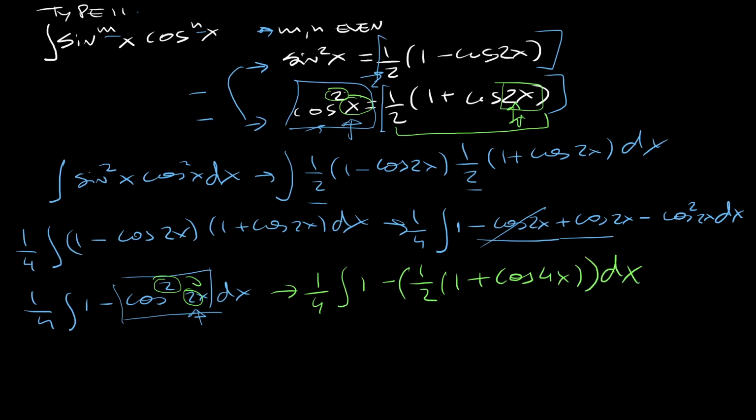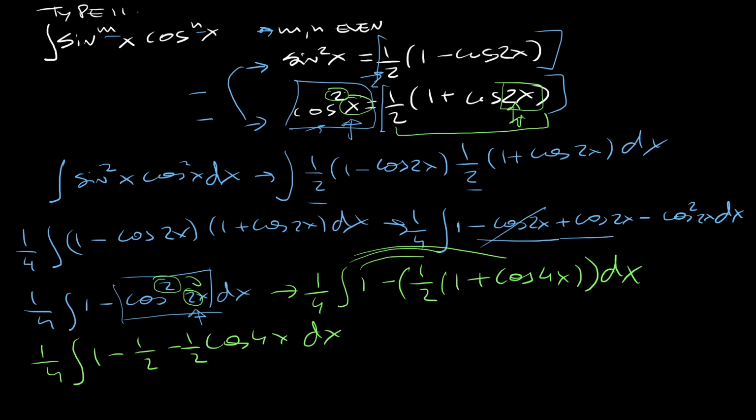The next step is to redistribute these terms to get rid of the parentheses: 1/4, and then 1 minus 1/2, and then minus 1/2 cosine of 4x dx. Then close the parentheses here.